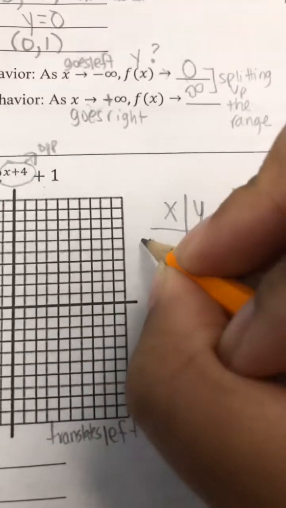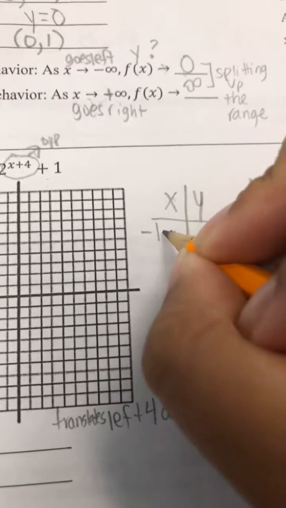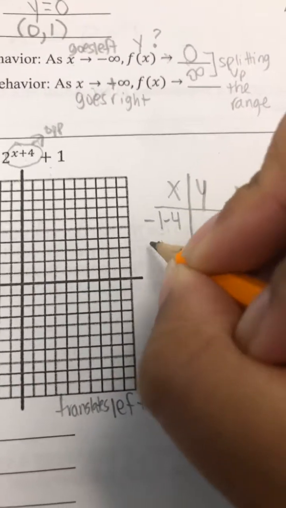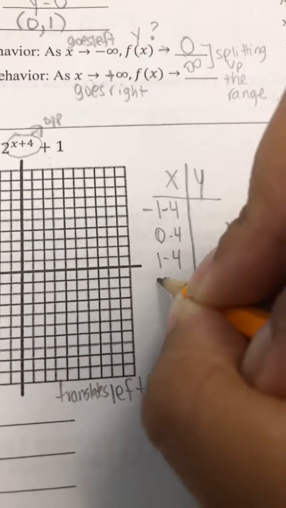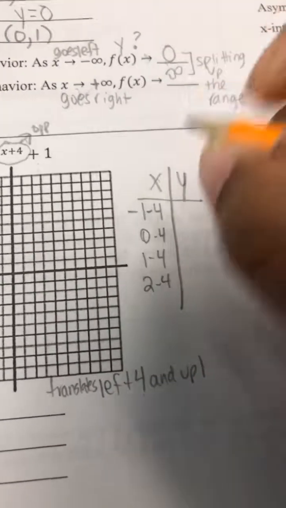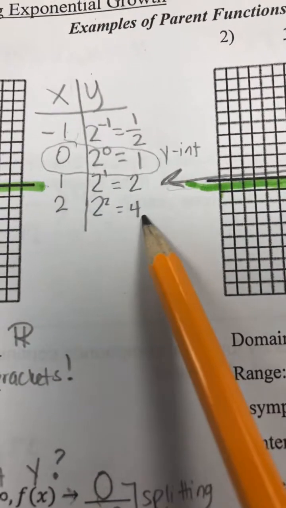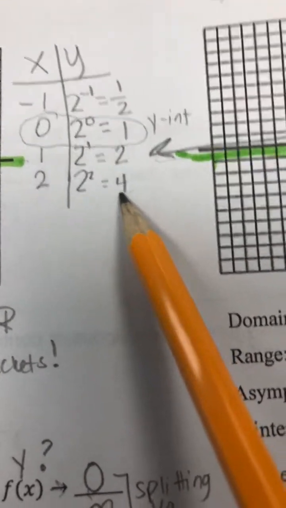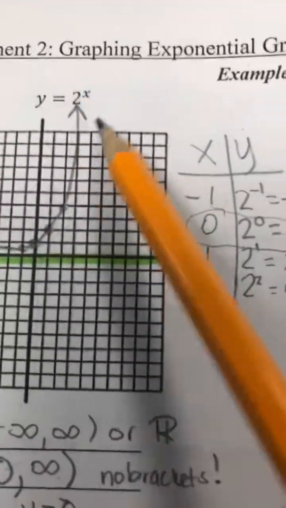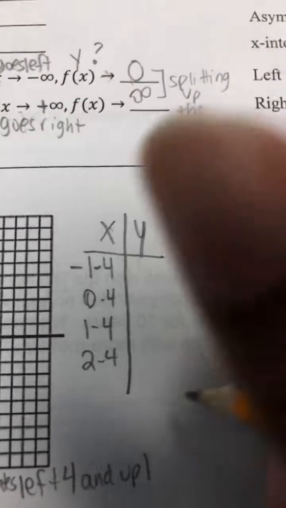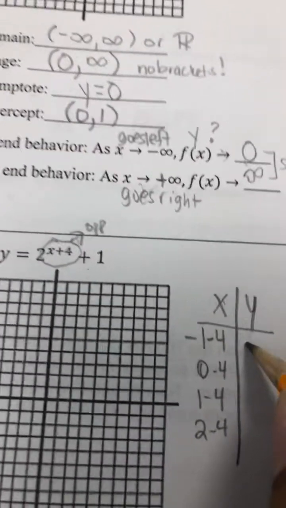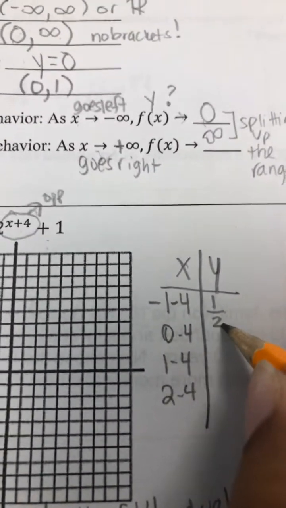So to all my values from before, I am going to subtract 4. And then to my y values from here, okay, remember we are talking about a parent function of 2 to the x. So 2 to the x is the parent function. I'm going to use these numbers and add 1.